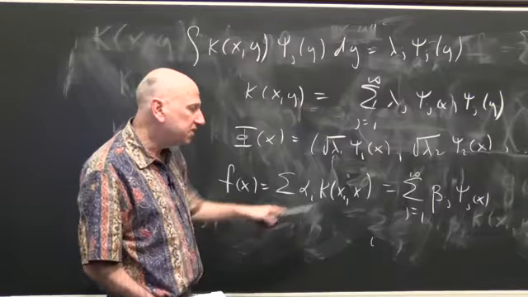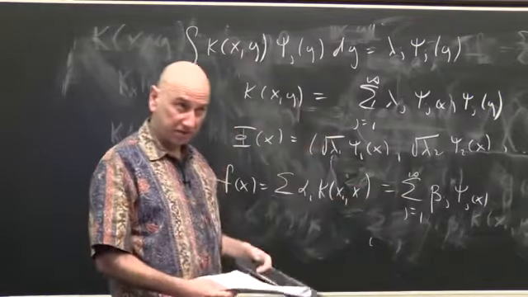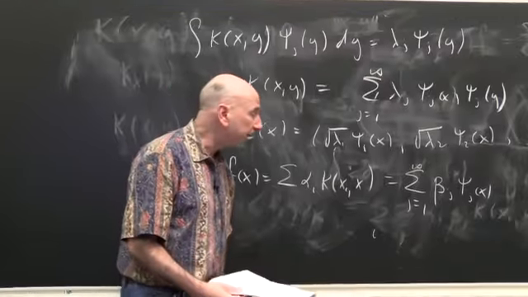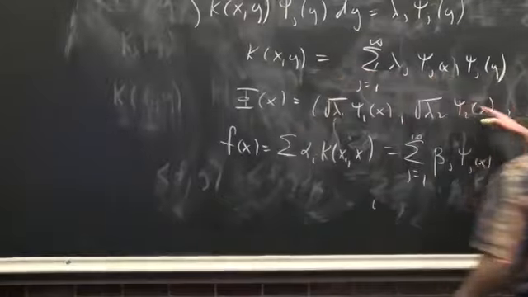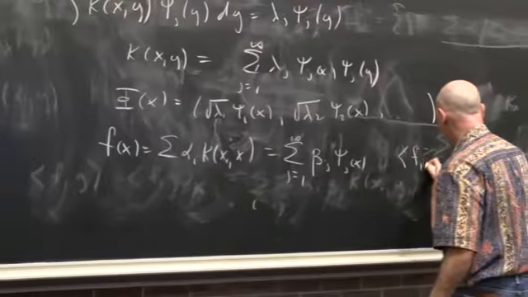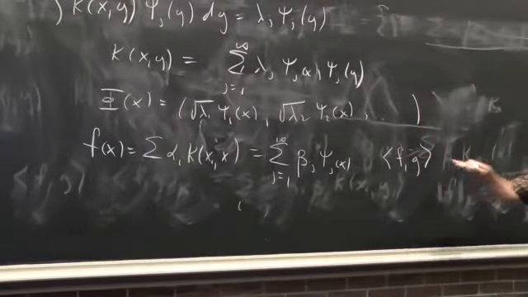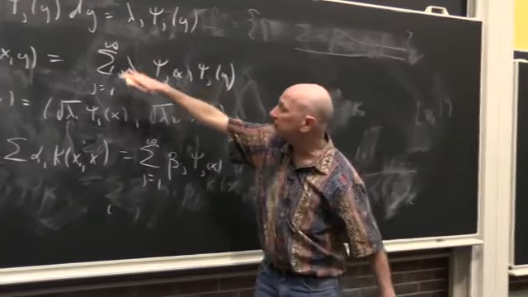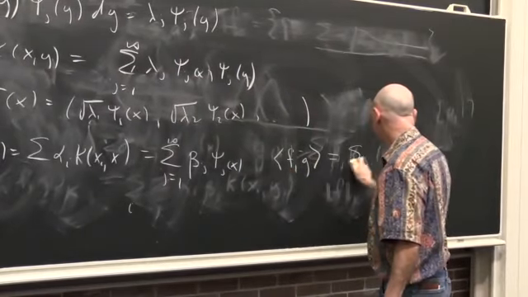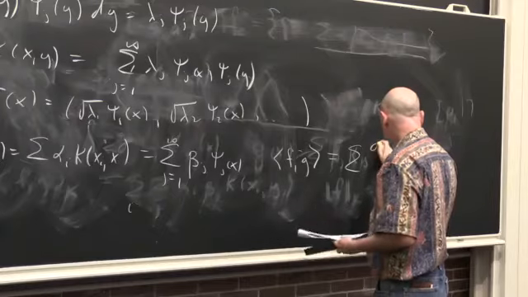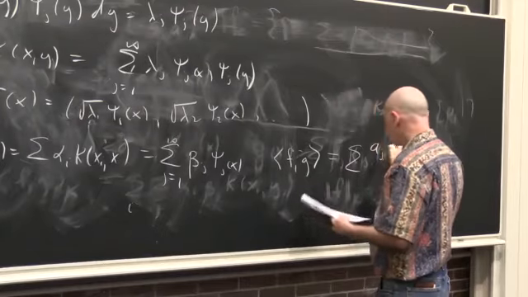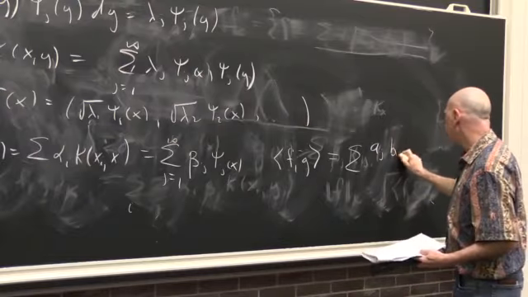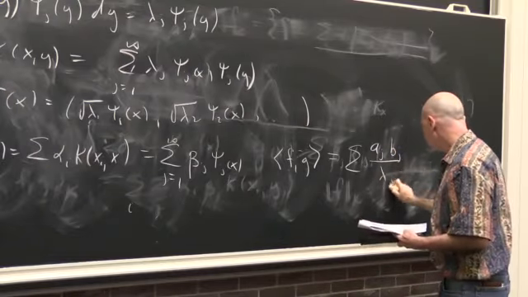But if it ever gets confusing, just think, oh yeah, it's some linear combination of these basis functions. In fact, from this representation, we can rewrite the inner product. We can write it in terms of the kernel like we originally did, but if we just replace the kernel with this function, that's equivalent to just doing this. Let's suppose f and g, I expand them and they have coefficients, let's say aj and bj. These are the eigenvalues.